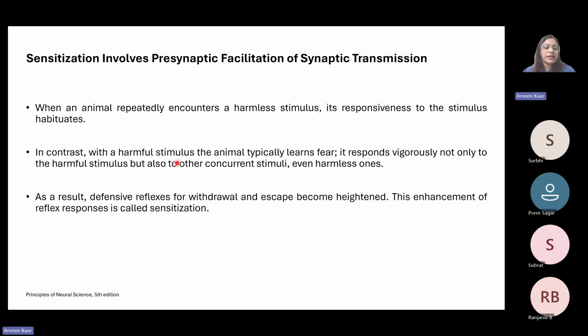In contrast, with a harmful stimulus, the animal typically learns fear. It responds vigorously not only to the harmful stimulus but also to other concurrent stimuli, even harmless ones. As a result, defensive reflexes for withdrawal and escape become heightened. This enhancement of reflex responses is called sensitization.